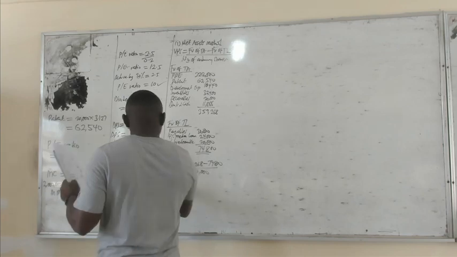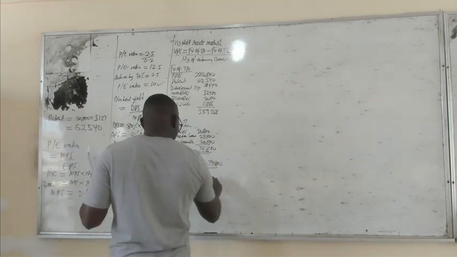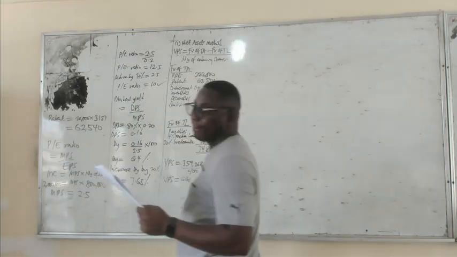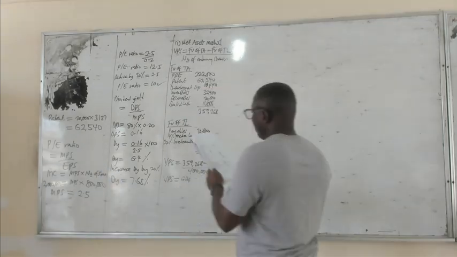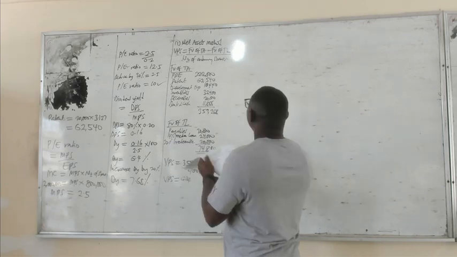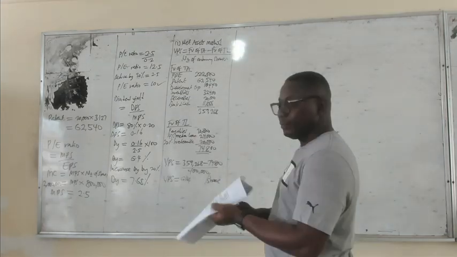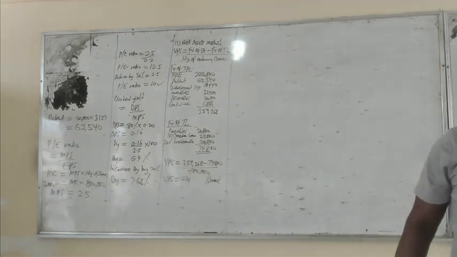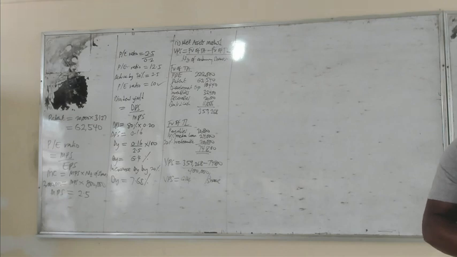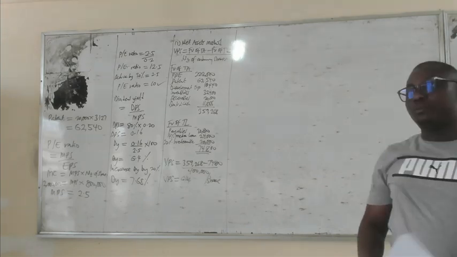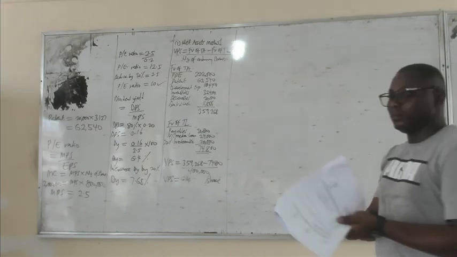What will be the value per share? Value per share will be 0.89.